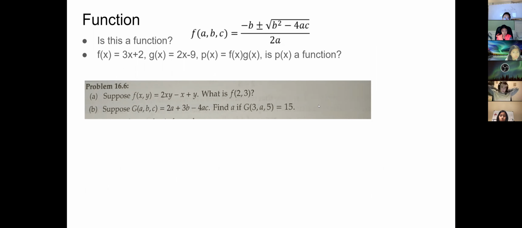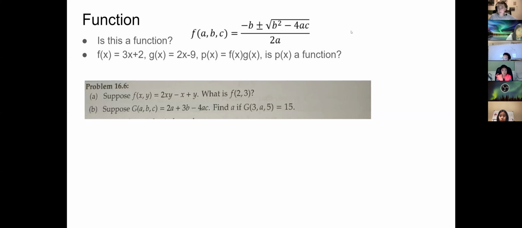And this will be a quick question. You can just tell me verbally. Is this a function? The variables are a, b, c, and the expression is basically the quadratic solution.